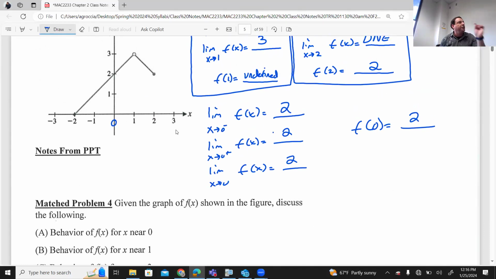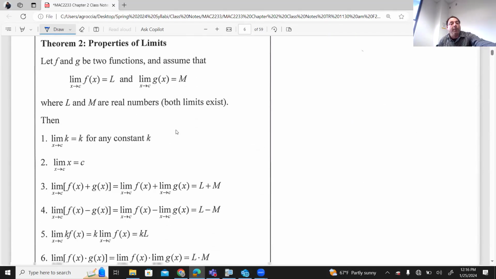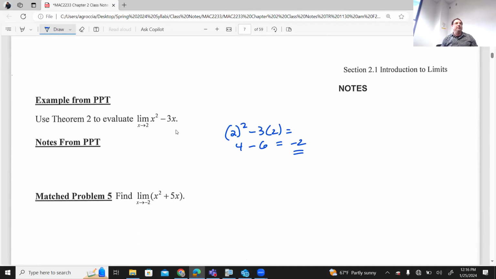Are we okay? So the question is, can you identify if there's going to be a problem or not? I can identify that this is a parabola. This is a polynomial. There's no jumps, no holes, nothing going on. So I'm just going to plug the number in. And if you're looking for the limit or looking for the number, you're going to get the same answer, -2.